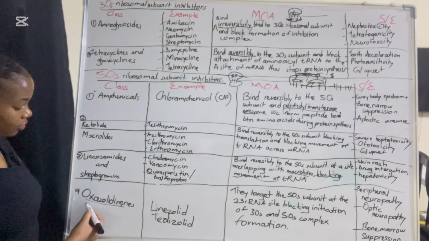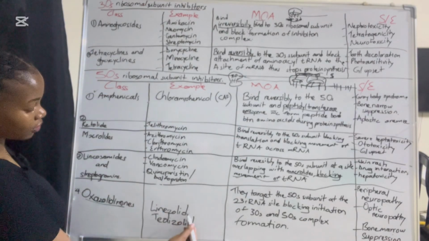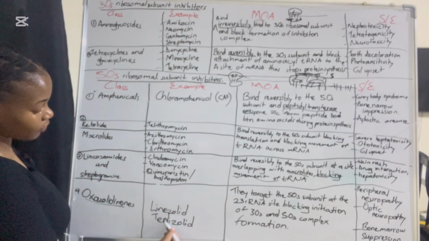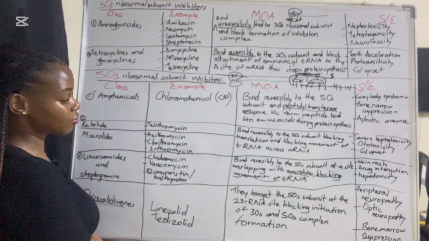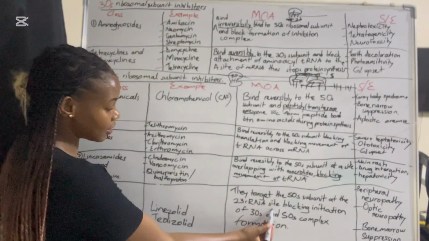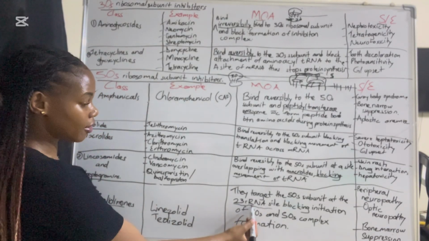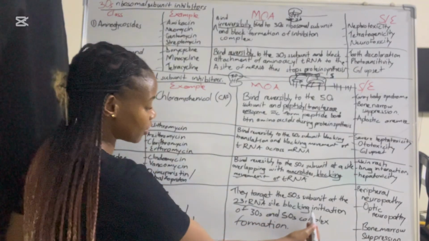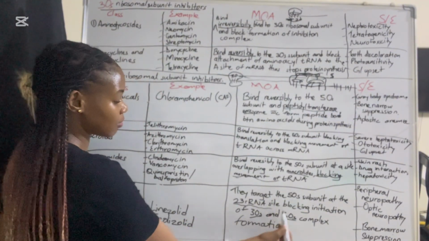The next class of drugs is oxazolidinones, where we are having linezolid and tedizolid. What is the mechanism of action? These ones target the 50S ribosomal subunit at the 23S rRNA site, blocking initiation of the 50S and 30S complex.